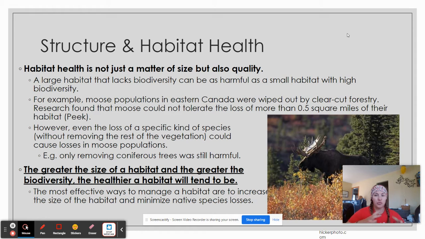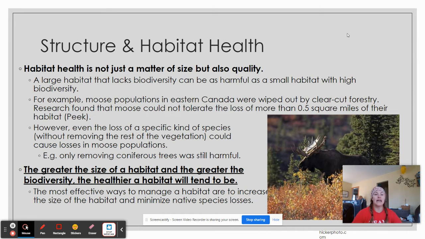So, the range that those moose would live in, when just half a square mile is clear cut out, they can't exist because they don't have enough food to actually eat. And it was also the loss of very specific species that could cause losses in this moose population. So, for example, if we would go in and only remove conifers from their habitat, it would still be really, really detrimental to their population.